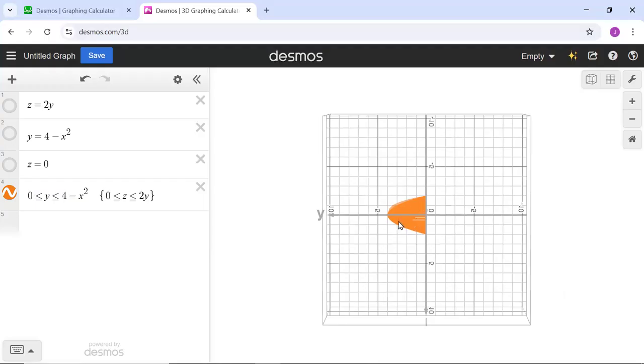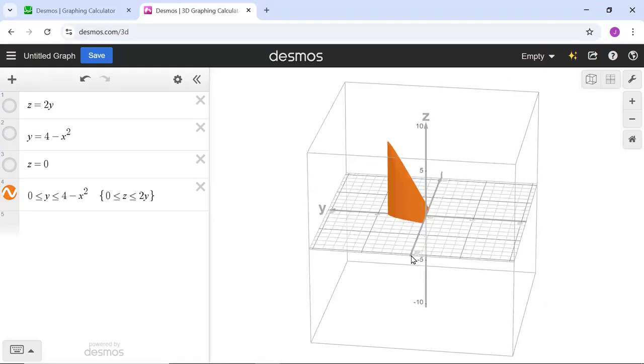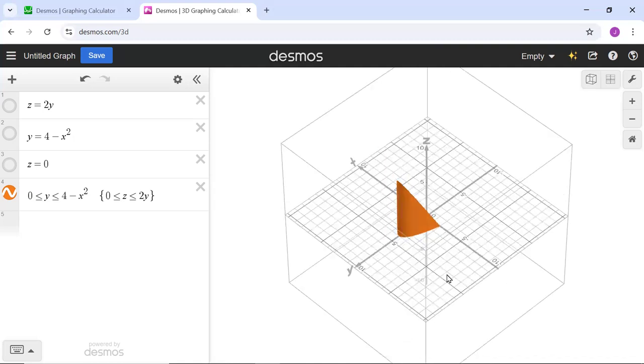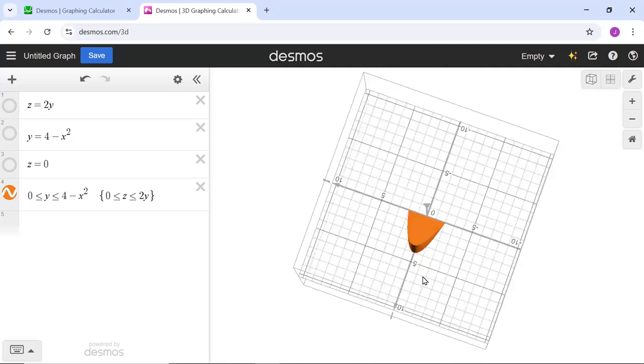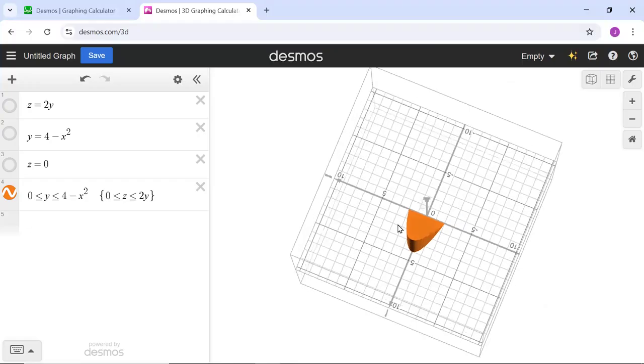So it's a piece of the xy plane, a piece of z equals 2y, and a piece of 4 minus x squared as the surfaces that make up the boundary of this three-dimensional object.